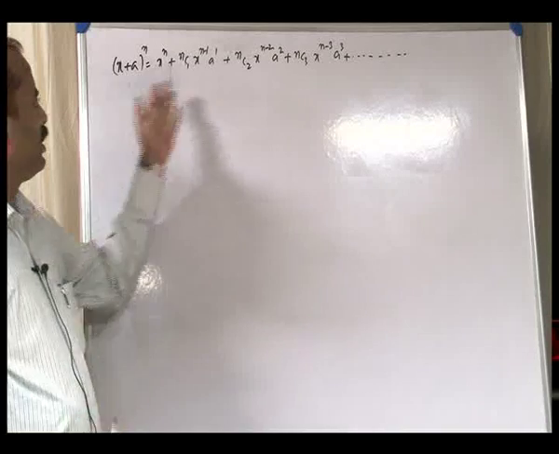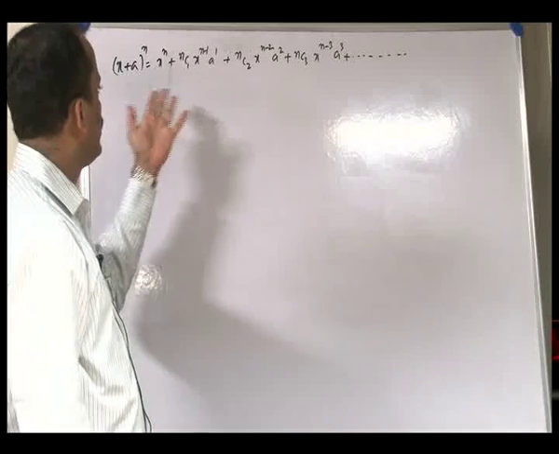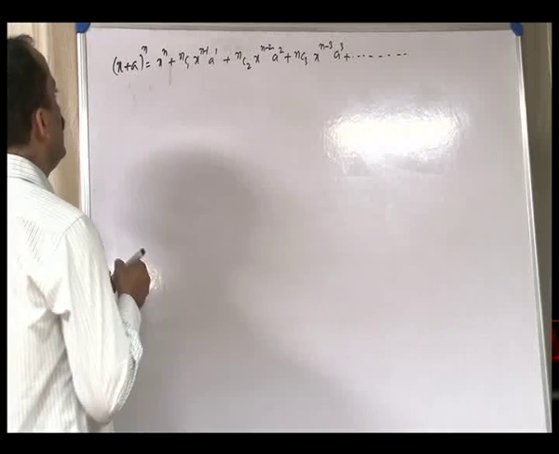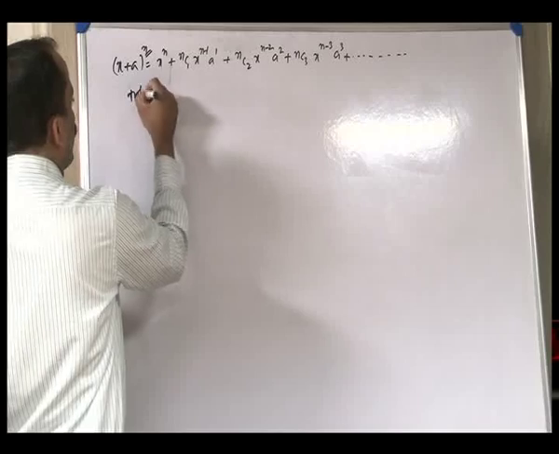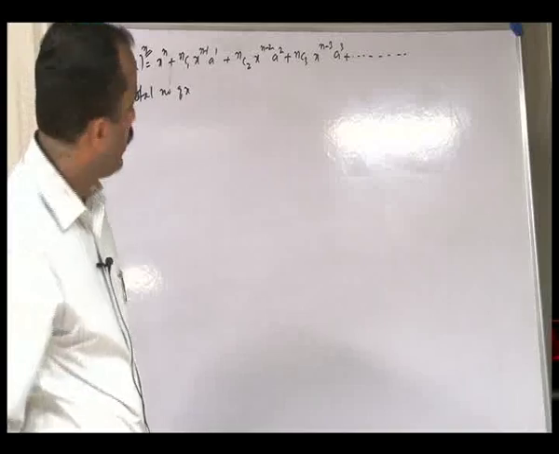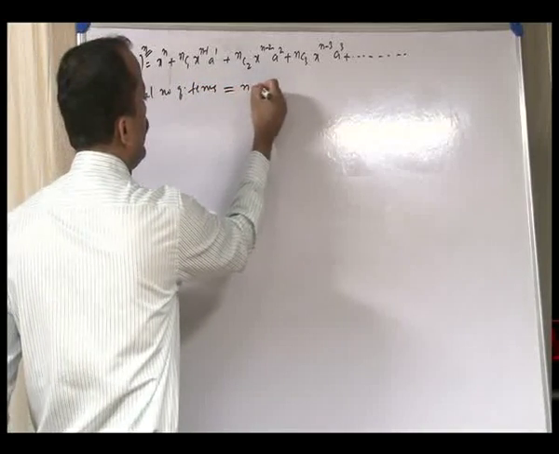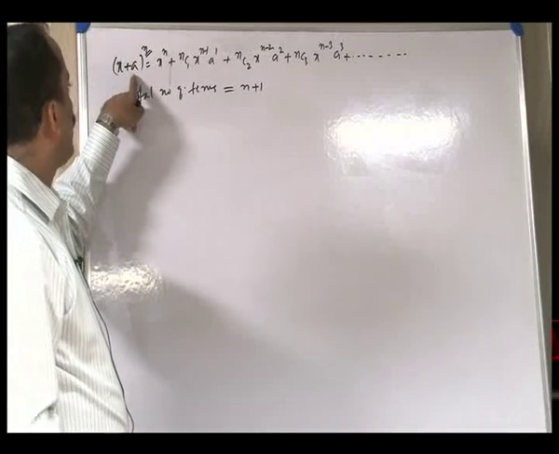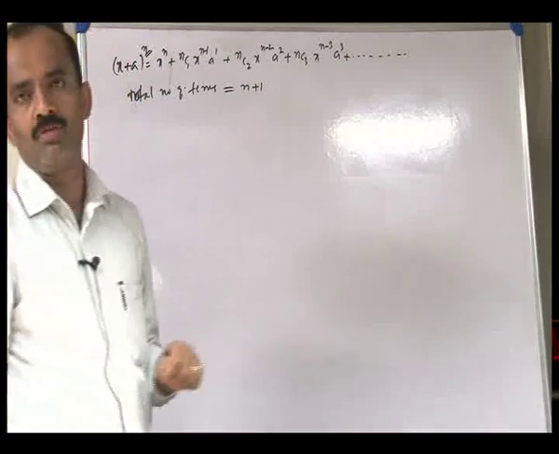Actually, by observing this statement we can say one or two features of the binomial theorem. Suppose the power is n, the total number of terms in the expansion (x + a)^n is n + 1.